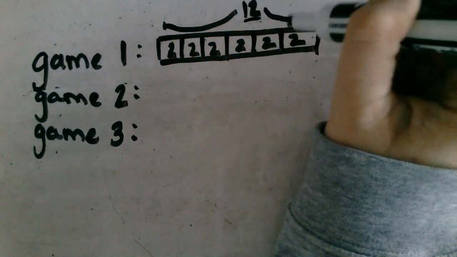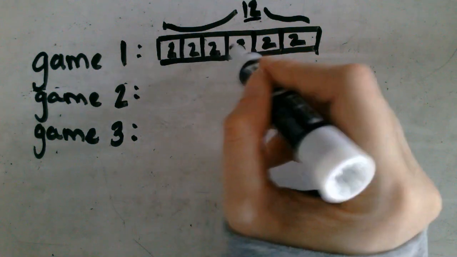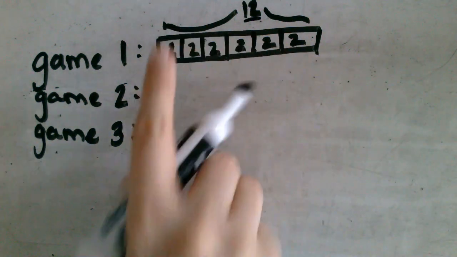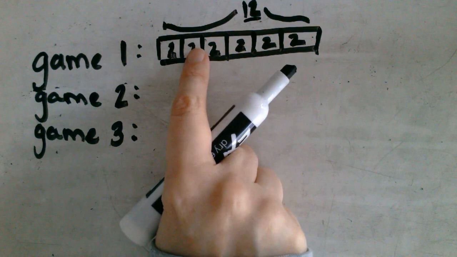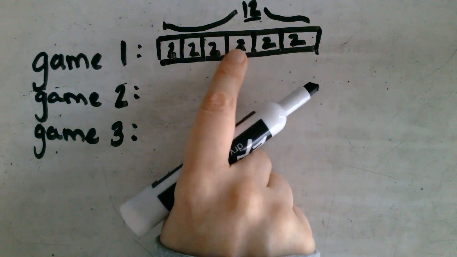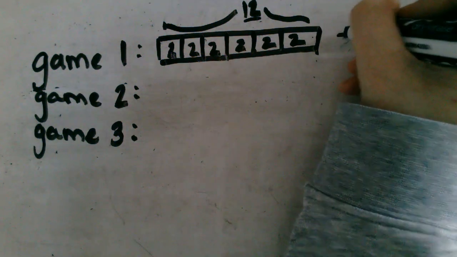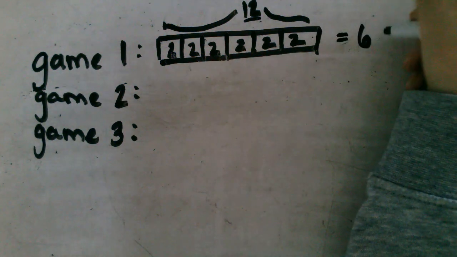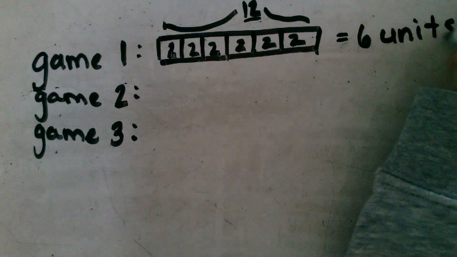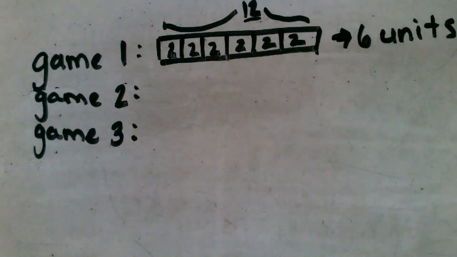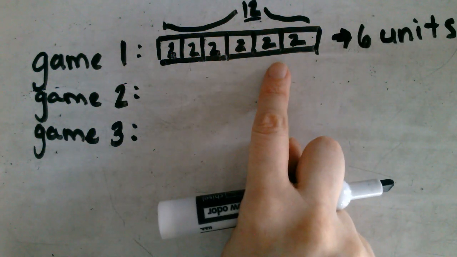So we're not going to count to 12, but we need to count how many boxes we split this up into. Count the boxes with me. 1, 2, 3, 4, 5, 6. She has 6 units. I'm going to draw an arrow. She has 6 units from game 1.